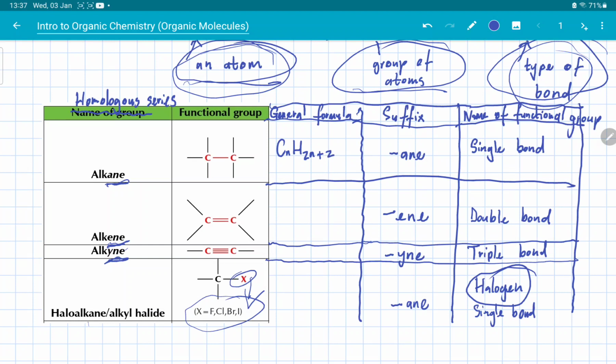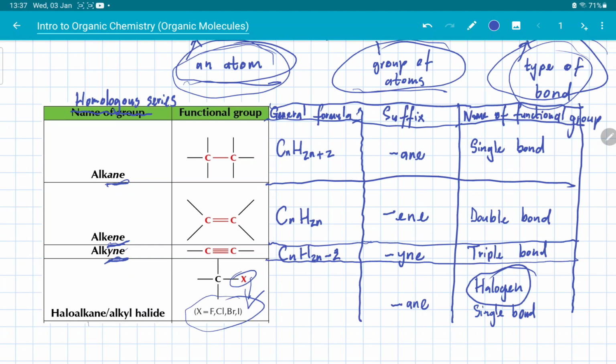The general formula of alkenes is CnH2n. The general formula of alkynes is CnH2n minus 2.